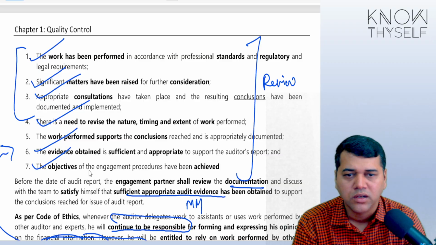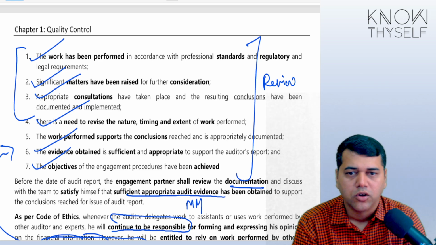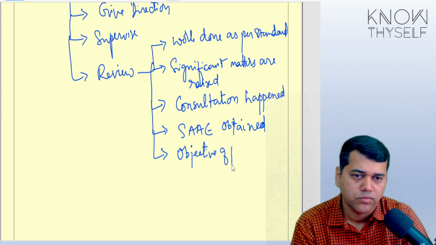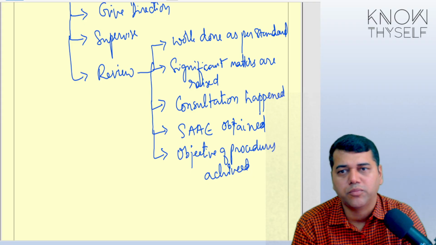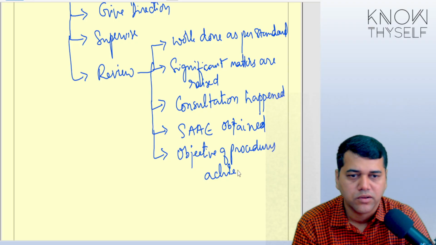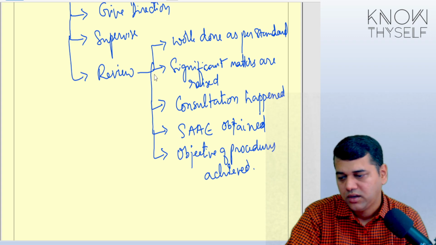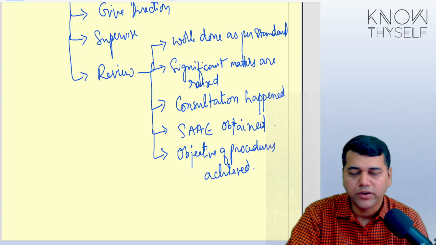Maybe you can pick one more point: objectives of the procedures, whatever procedures were there, their objectives have been tested. This particular component is coming from your test your knowledge. If you see the study material, the review is there, and they said sufficient appropriate evidence has to be obtained and appropriate consultations have to be done. 2 points they have given, so the other 3 points we have added.